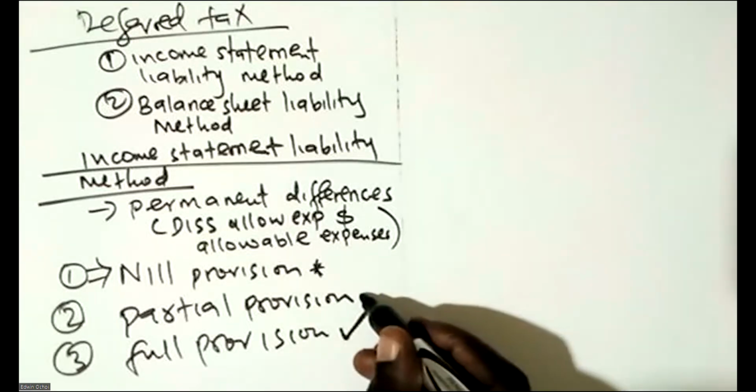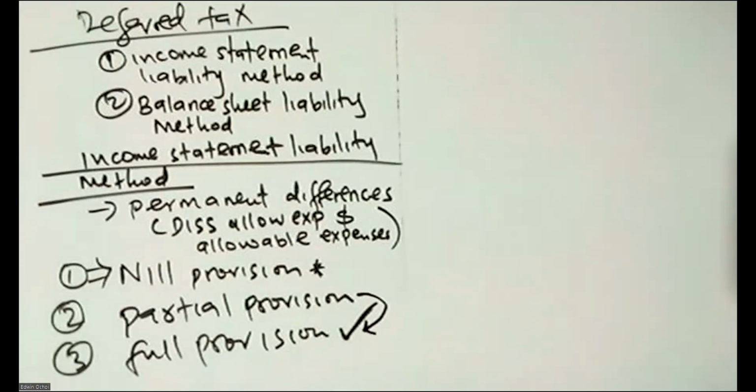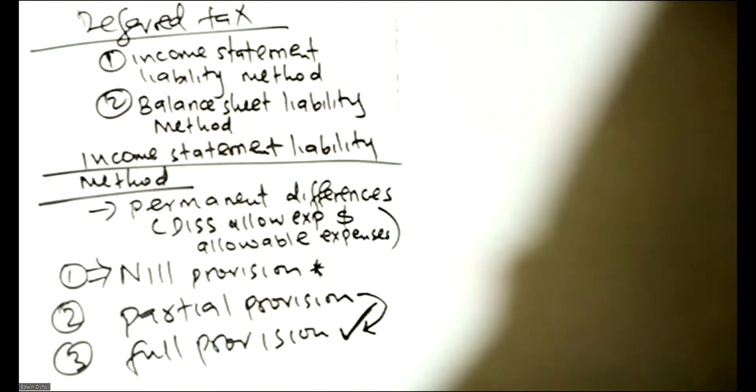Partial provision is the same as full, but there must be evidence that the tax will be refunded in the future period. That is, you check 2 to 3 years.